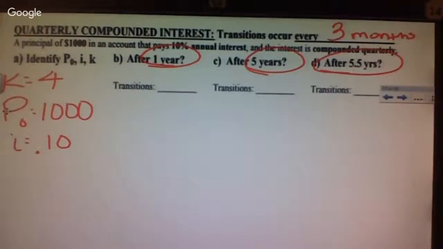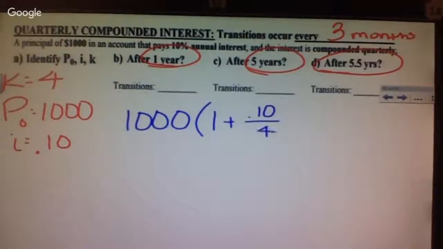So, we start with P sub 0 times 1 plus 0.10 divided by 4. You now need to determine what do I raise that to. Well, you need to take your K value, which is 4, and multiply that by how many years, which is 1.